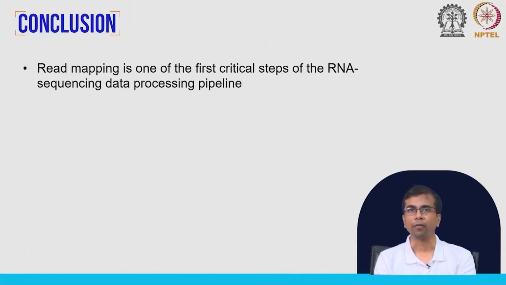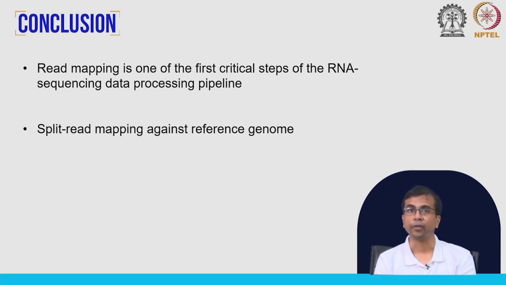To conclude, we have discussed the read mapping step and some of the algorithms that are used for this process, which is one of the first critical steps of the RNA sequencing data processing pipeline. The challenge we discussed is that in many cases we need split read mapping if we are aligning against a reference genome, so we cannot just use Bowtie2; we need some modifications in that algorithm.